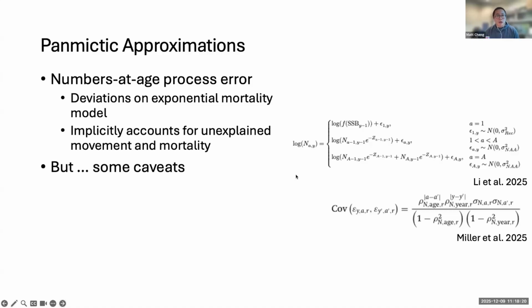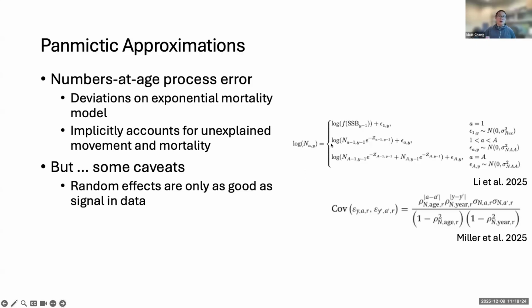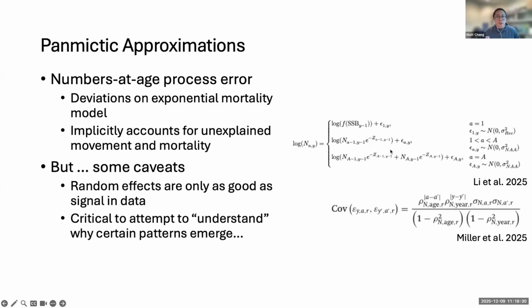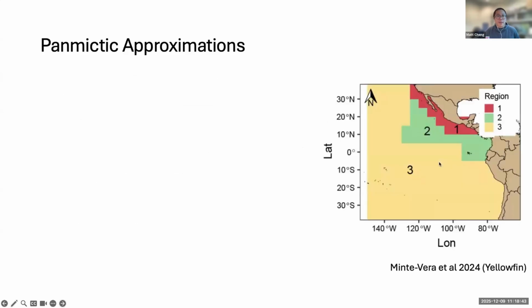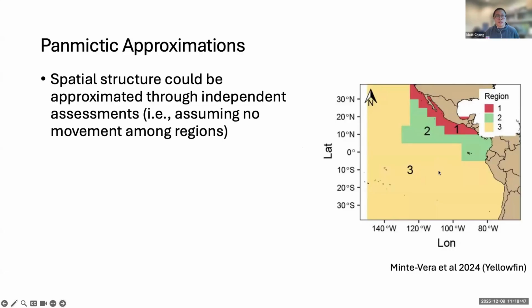But there are a lot of caveats with this method, where these process errors are really only as good as the signal in your data. And I think it's pretty important to try to understand why certain patterns emerge rather than blindly trusting the modeled process error there.